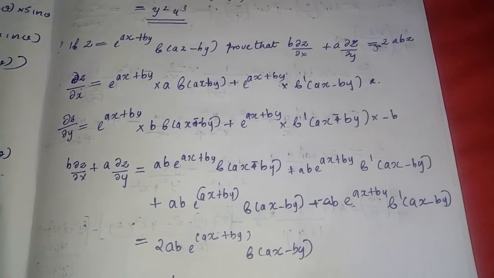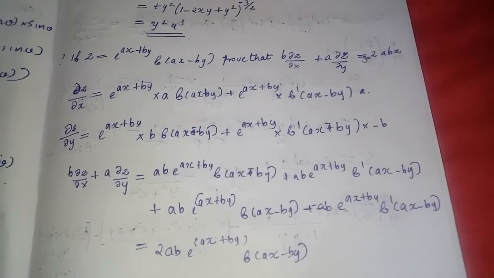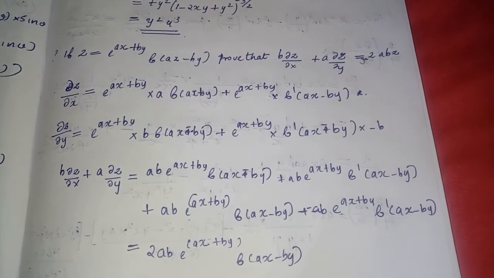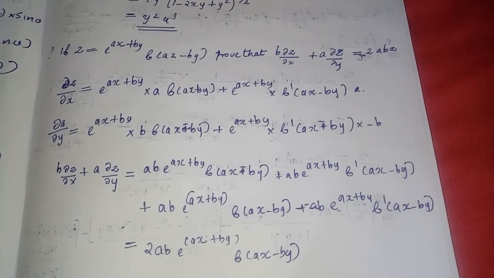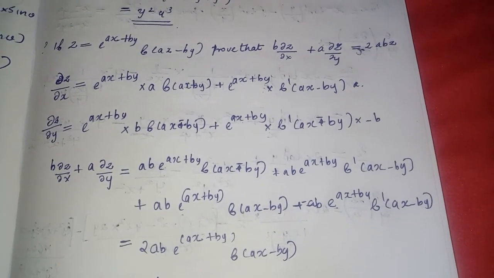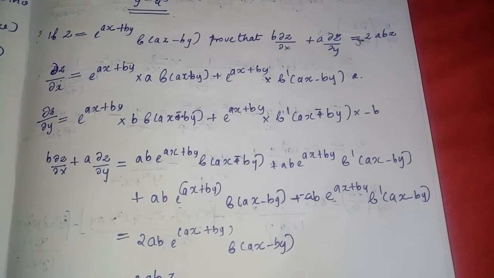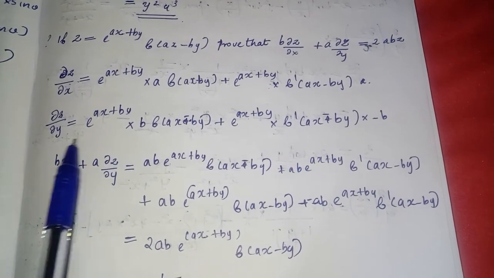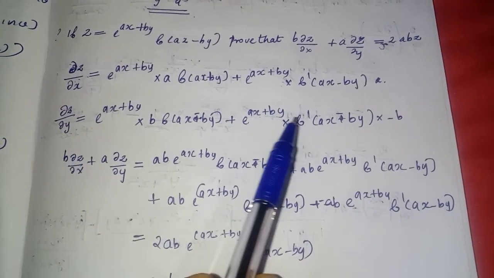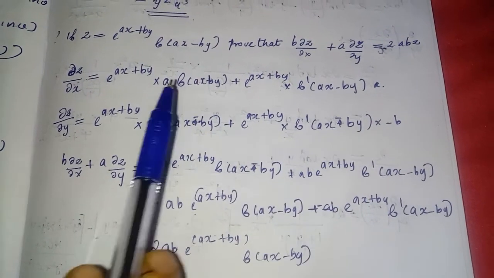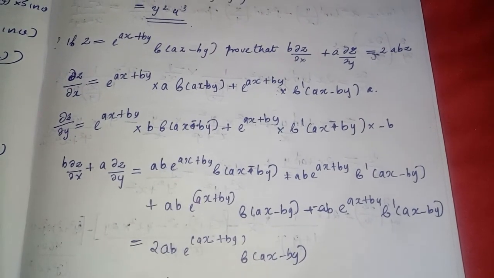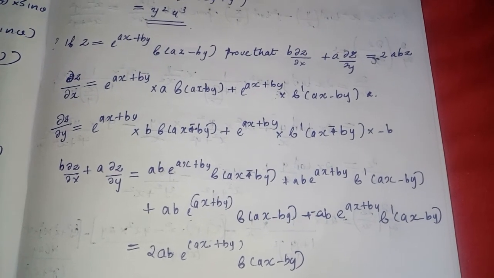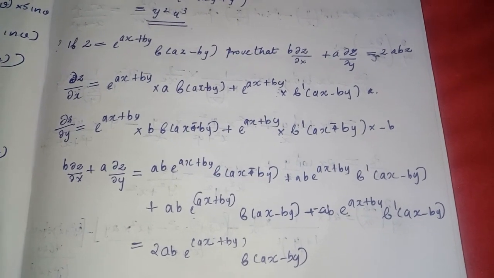Next, another question: we have considered z is equal to e raised to (ax plus by) times f of (ax minus by). Prove that b ∂z/∂x plus a ∂z/∂y is equal to 2abz. So here we have to consider similarly ∂z/∂x, in which we have considered y as constant, and ∂z/∂y in which x is constant. Here we have used the product derivative formula, that is first function times derivative of second plus second function times derivative of first, like that.